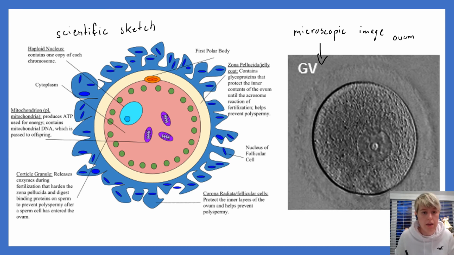So we have our nucleus, which we see right here. Our nucleus only has half of the genetic information, and the equivalent structure in the microscopic image is right here.